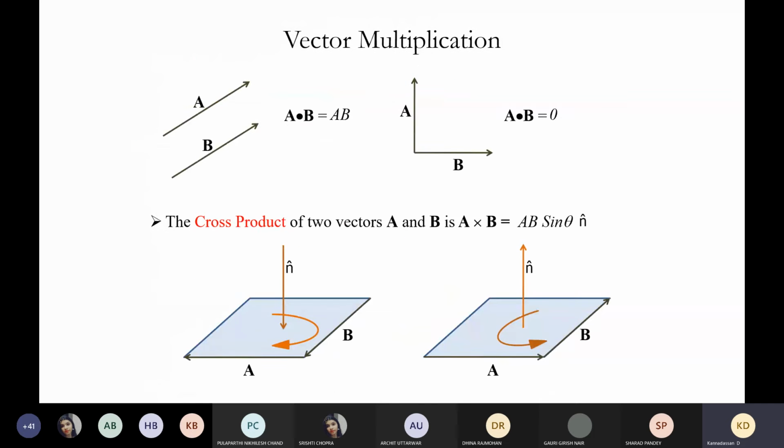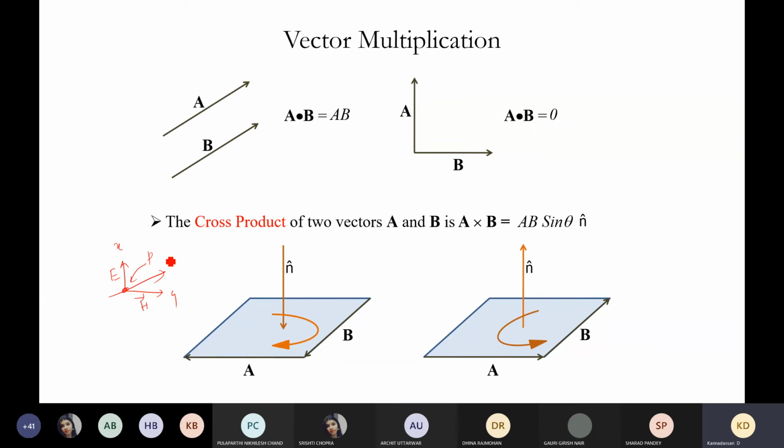And we have another product, the cross product. Let's say two vectors are perpendicular to each other, like the electric and magnetic fields. The electric field is along the x-axis, and along the y-axis we have the magnetic field. Now at this particular point, what is the power?